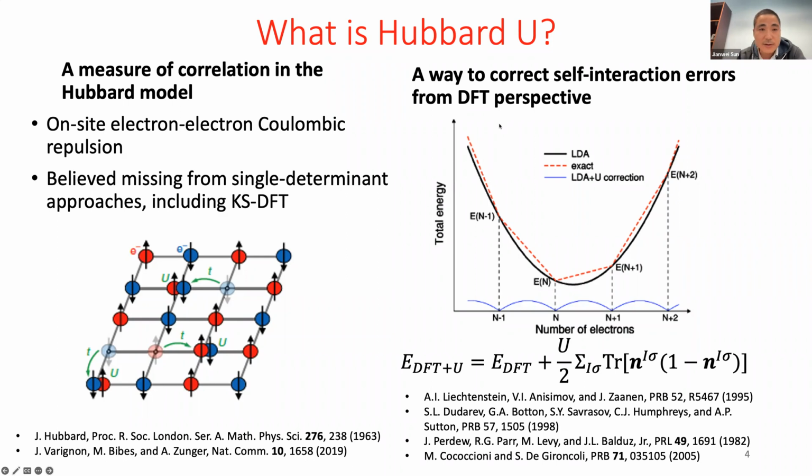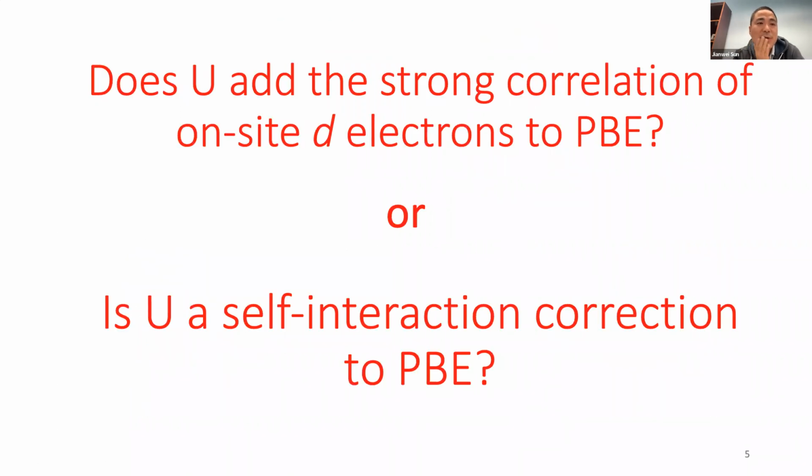Now we have the question, from the table I just showed for PBE's performance on band gap prediction: does U add the strong correlation of on-site d electrons to PBE, or is U a self-interaction correction to PBE?